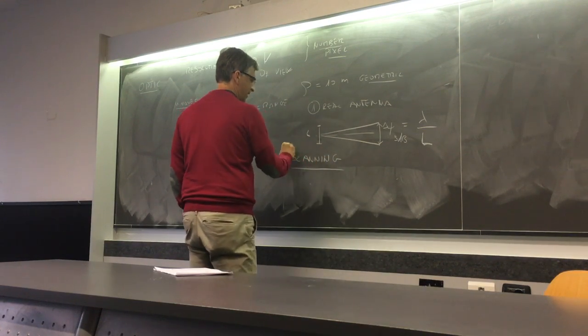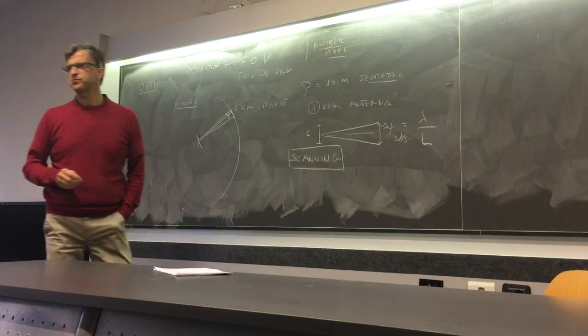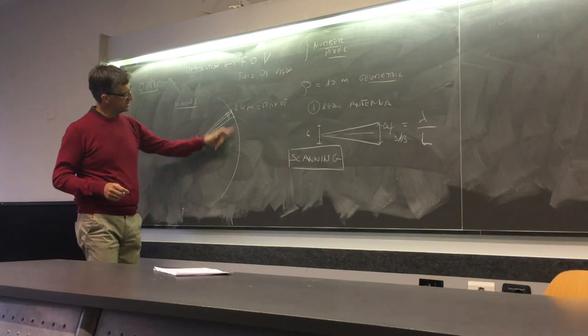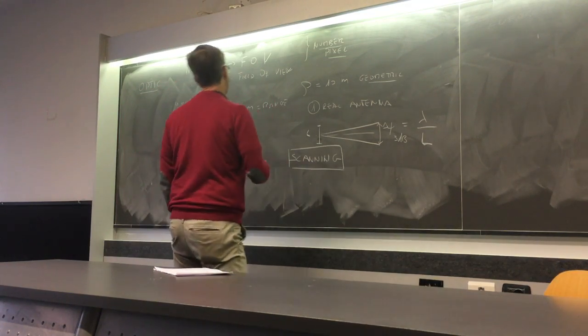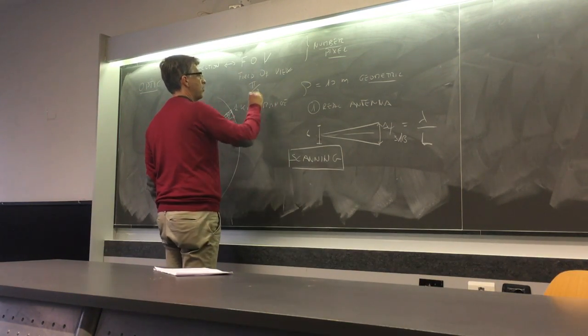Always in remote sensing, you have a sort of scanning system that provides you the entire field of view. Let us assume that, for example, your field of view is a total angle of pi half.